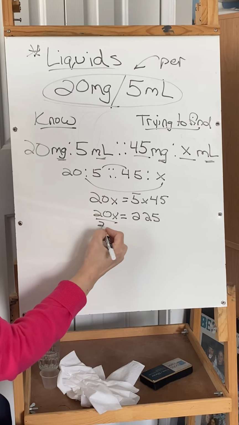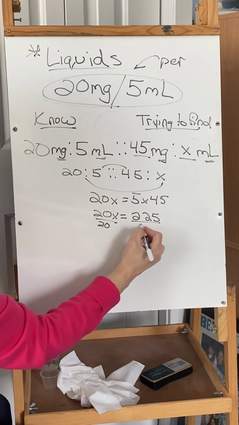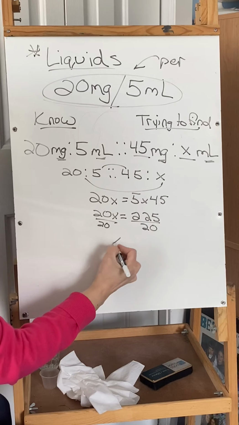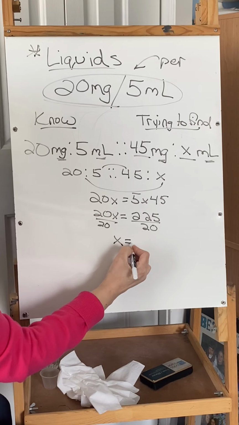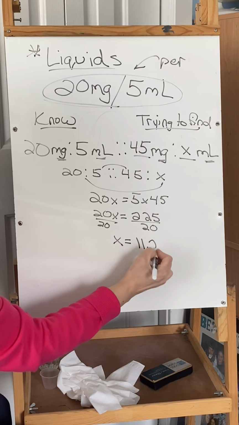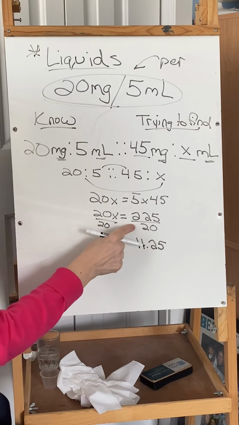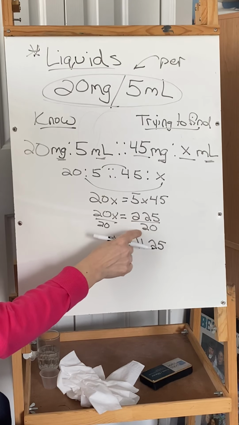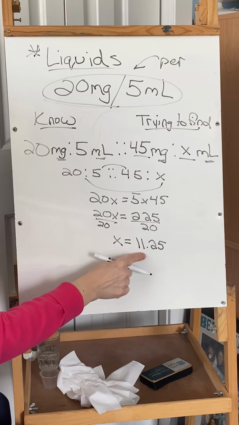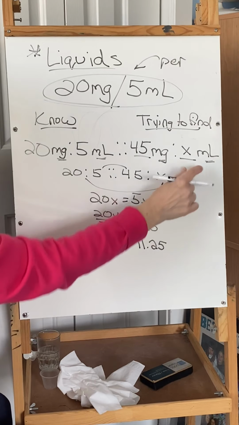If we have 20 over here, we have to divide by 20 on both sides to get X alone. X alone is 11.25. Use your calculator, take 225 divided by 20, and you end up with 11.25 ml.